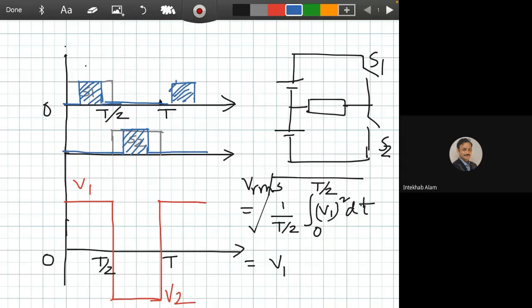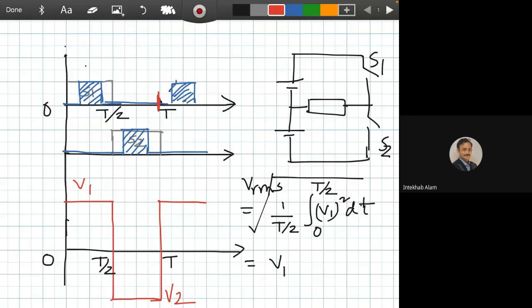You will find the switch is off for a long time now. But there is no change in the period. The period is still T. In that period the switch remains off for a long time, so the duty cycle will be less.